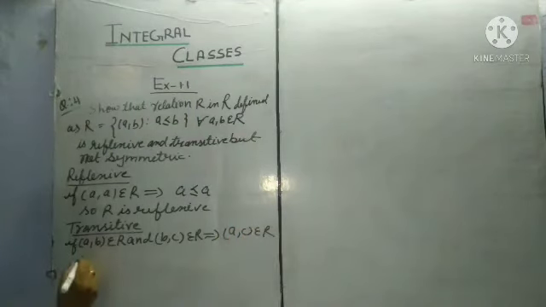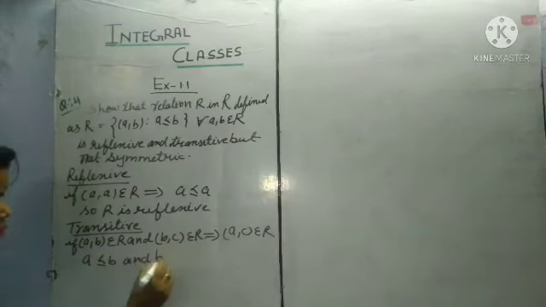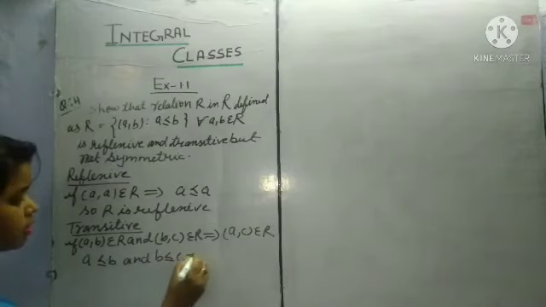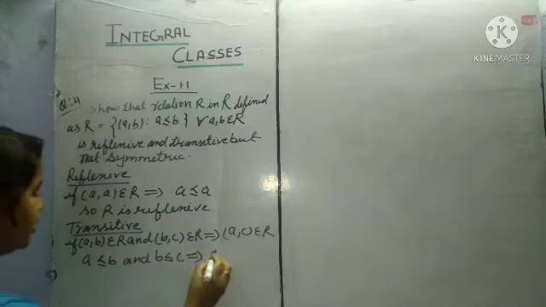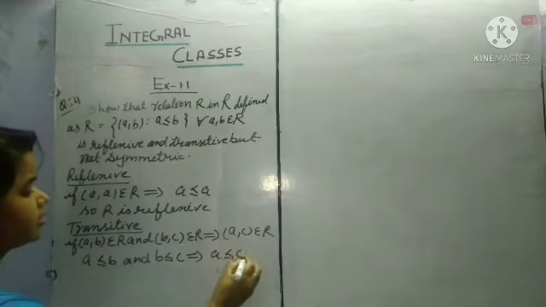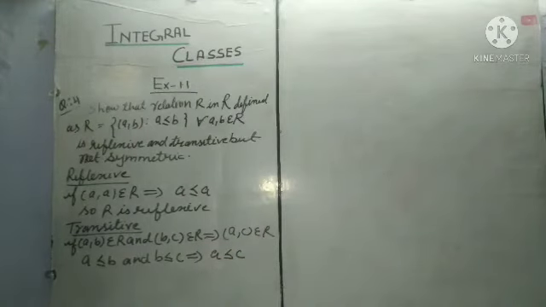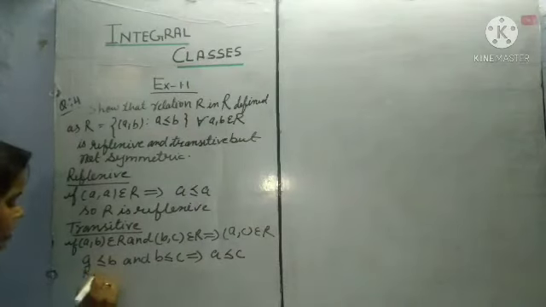So now we are given a is less than or equal to b and b is less than or equal to c, so it implies that a is less than or equal to c. So it should be correct. Suppose we take an example: (1, 2), (2, 3), then (1, 3). 1 is less than 3. So R is transitive.